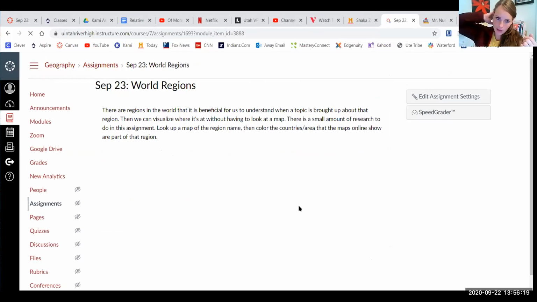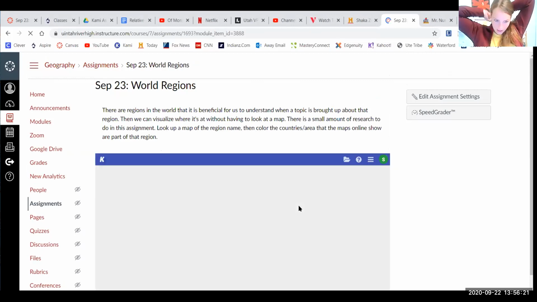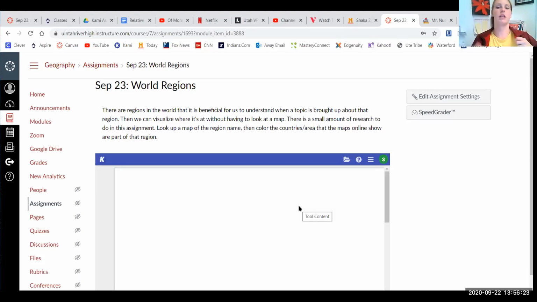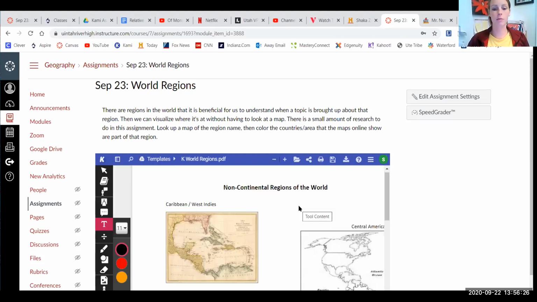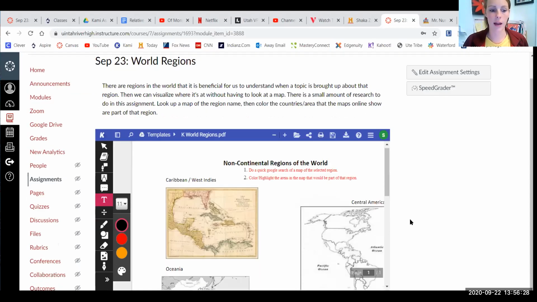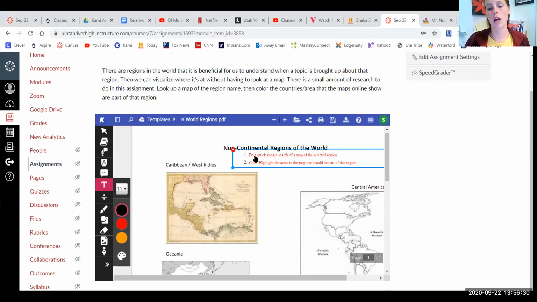The last thing that you're gonna do by Sunday, part of your homework for this week, is about regions of the world. The pizza delivery game you can play tomorrow. This one you could do on Thursday. When people are talking about regions of the world, they're talking about specific areas, okay? The reason they're called a region is because they have something in common with each other.